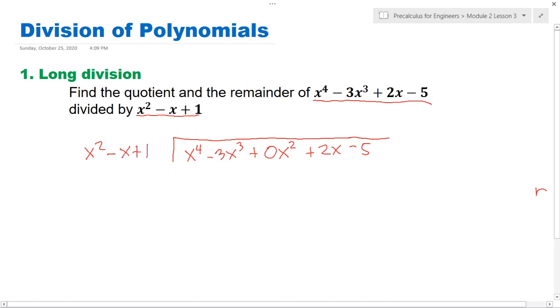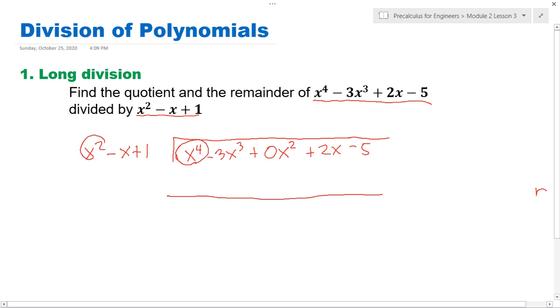So in order to do this, just look at the dividend, the leading term, which is x to the fourth. Ito yung parang basis natin. So you just write this bar. You need to find a certain factor that when multiplied by the leading term of our divisor will result to x to the fourth.